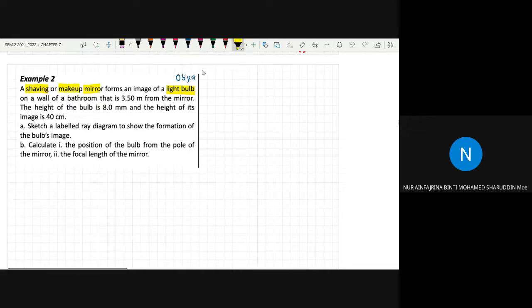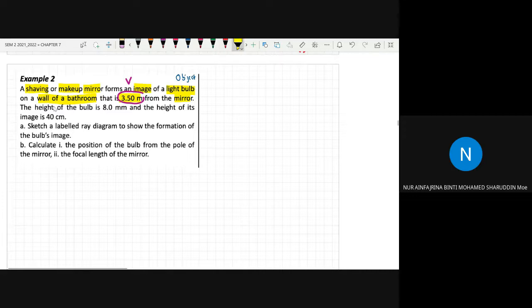The image of a light bulb on the wall of the bathroom is 3.5 meters from the mirror. So 3.5 meters is your V.